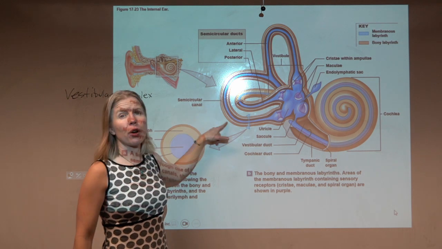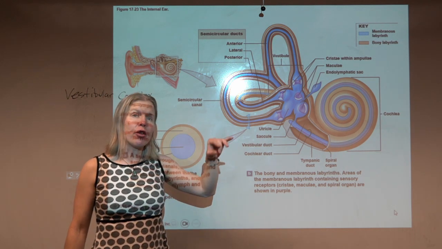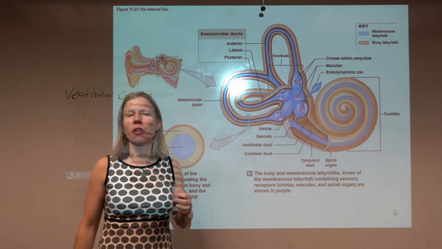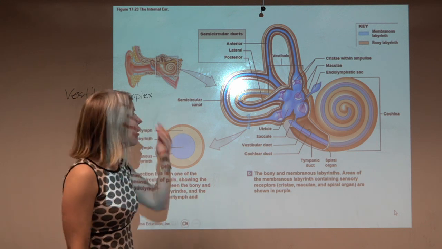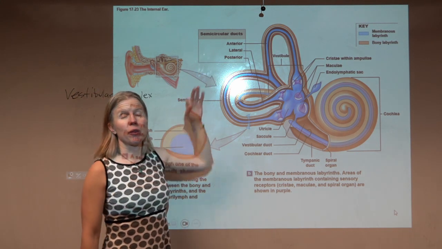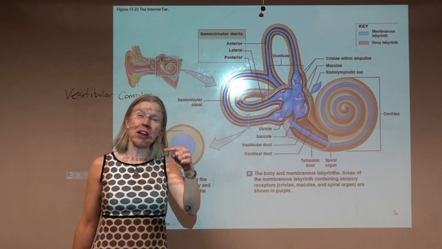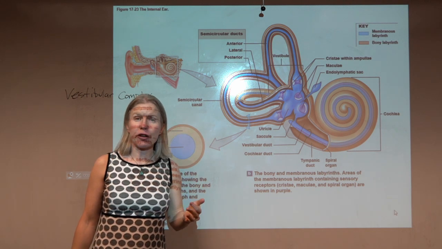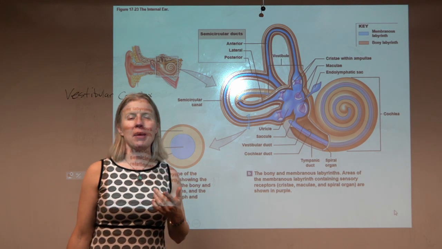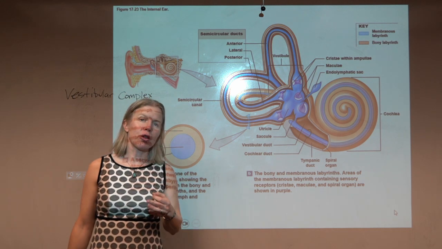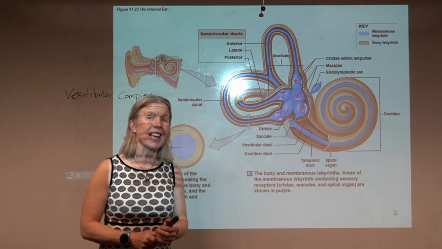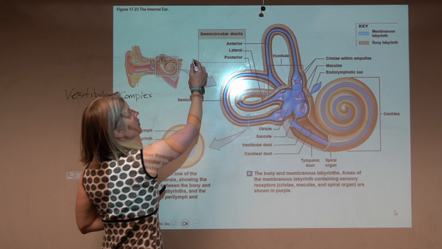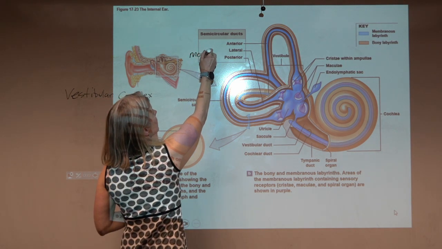So there's this bony structure on the outside, and then there are these fluid-filled membranes inside of there. So the semicircular ducts, you actually have three of them, and they're arranged in three different directions so that they can give us information. The semicircular ducts are all giving us information about movement.